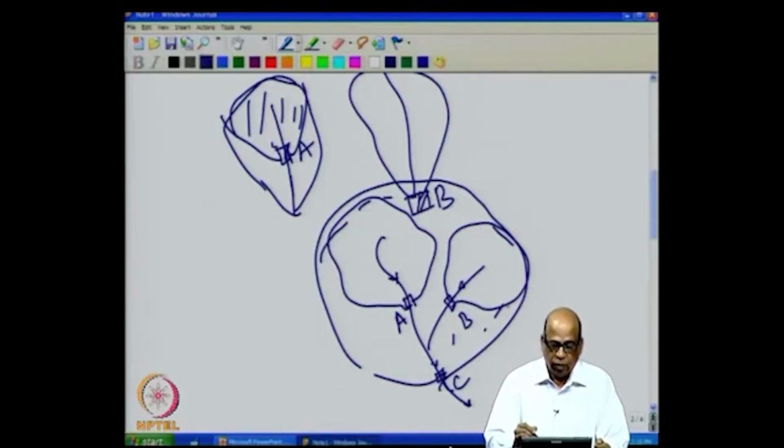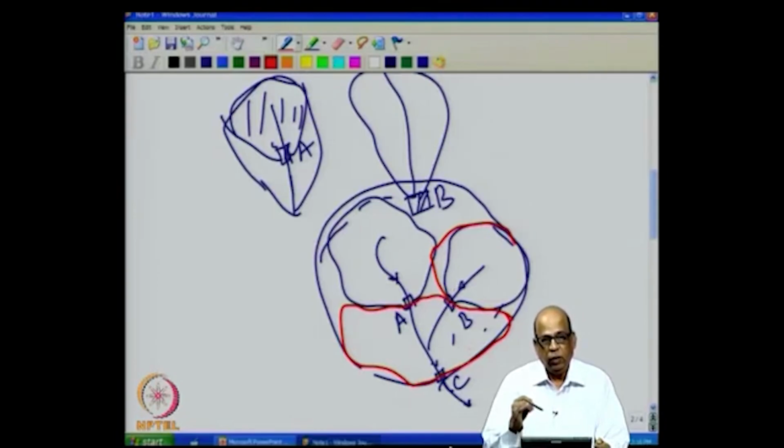Let us say all of this has been the intermediate catchment flow. In fact, these two are adjoining with each other, the entire flows are captured by A and B. Now, if the specific flows at C are much higher compared to the specific flows at A and B, it means one of two things.